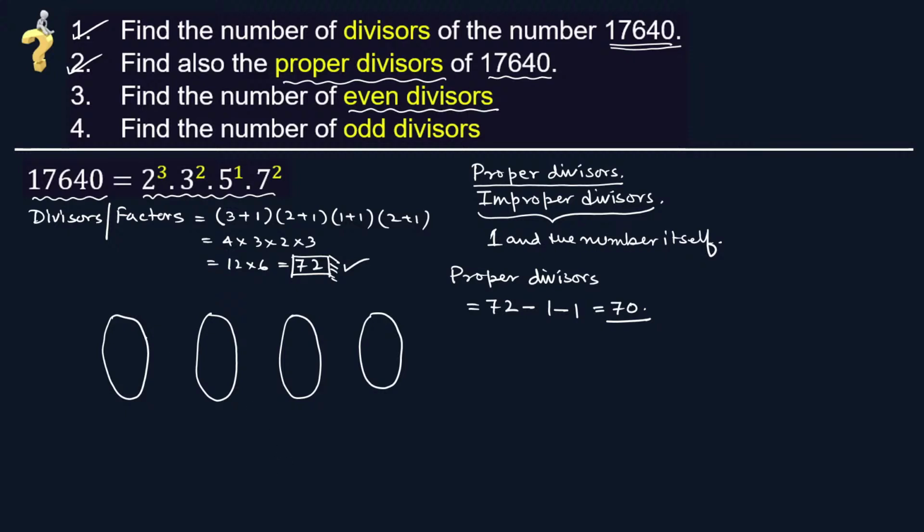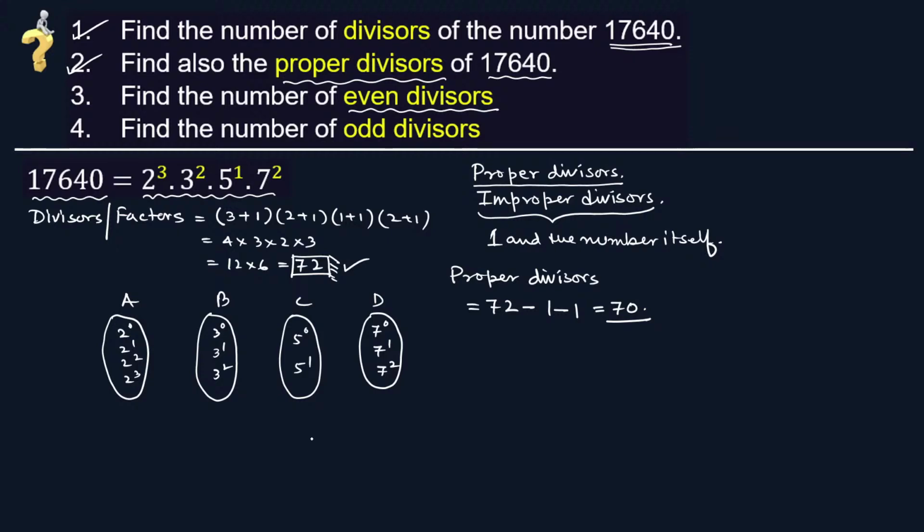So we have drawn 4 sets, A, B, C, D. Look at it very carefully. Your set A consists of 2 to the power 0, 2 to the power 1, 2 square and 2 cube. Set B consists of 3 to the power 0, 3 to the power 1, 3 square. Set C has 5 to the power 0, 5 to the power 1, and set D has 7 to the power 0, 7 to the power 1 and 7 to the power 2.